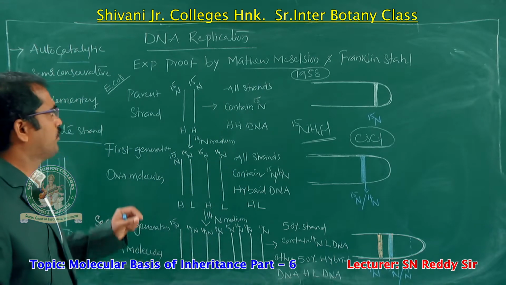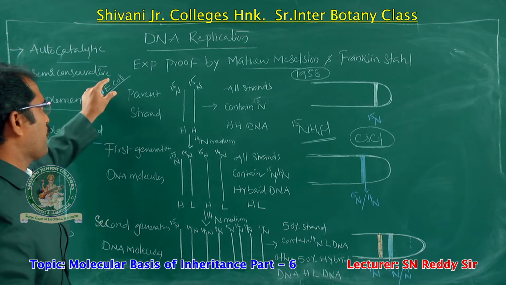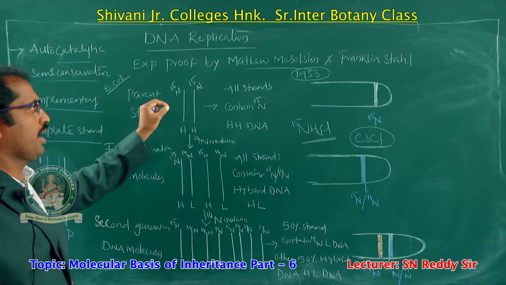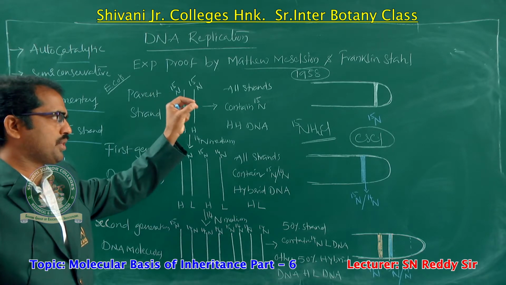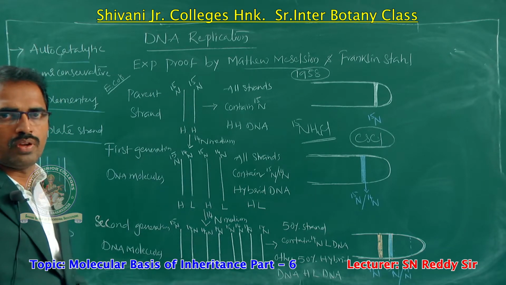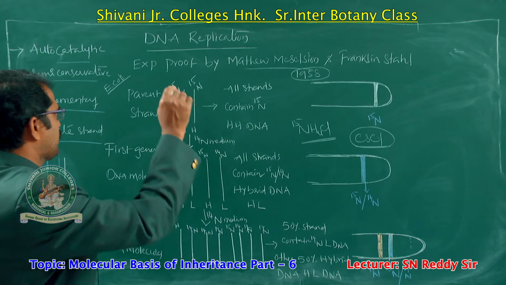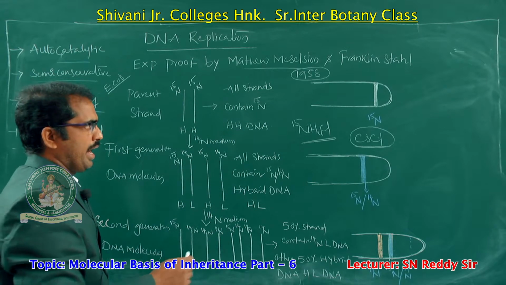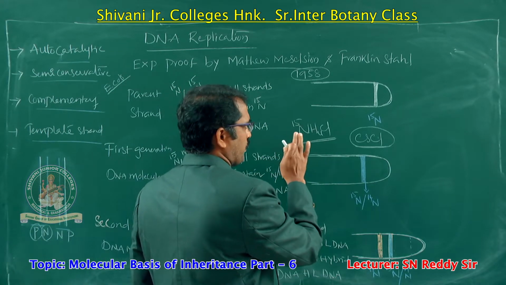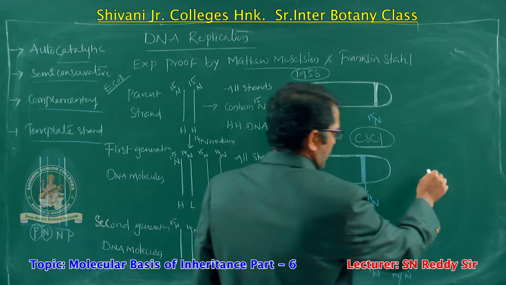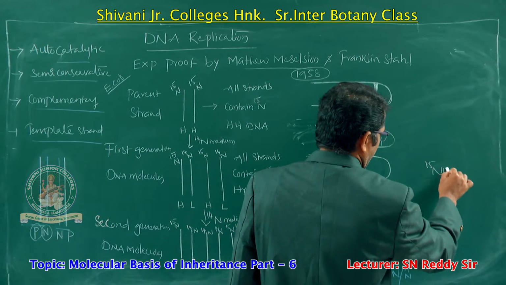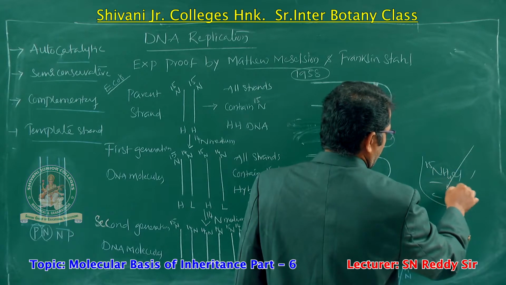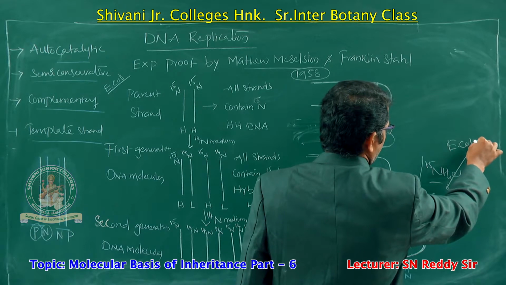First, they grew the Escherichia coli in N15 NH4Cl, the heavy one, not light. In this N15 NH4Cl containing medium, they grew the Escherichia coli for a few generations.